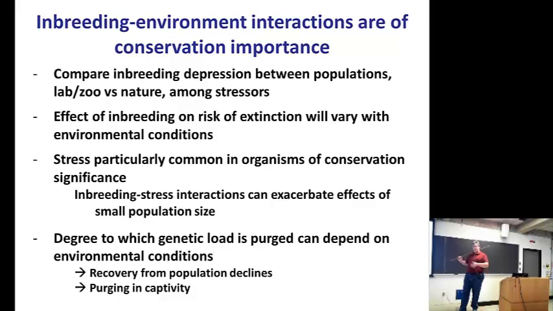There are a lot of negative effects for the populations. But if we're going to be pursuing strategies for purging the genetic load in species of conservation significance, we need to understand whether purging the genetic load in one environmental context has any effect on the genetic load in other environmental contexts. And as you'll see from some of my data, the environmental effects can be quite substantial.